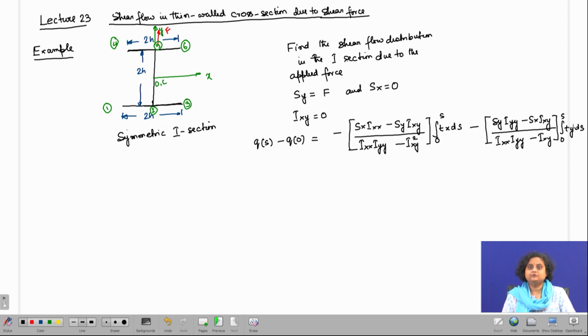So, this is the expression that we have been using. Now, let us see what happens in the expression. So, Sx is equal to 0 as well as Ixy is equal to 0, so this is equal to 0. This expression simplifies to a considerable extent and we are just left with minus Sy by Iyy by Ixx.